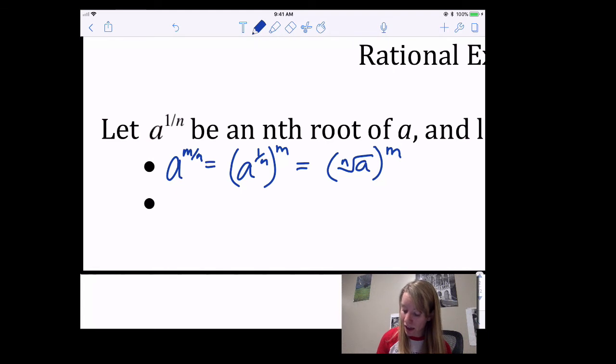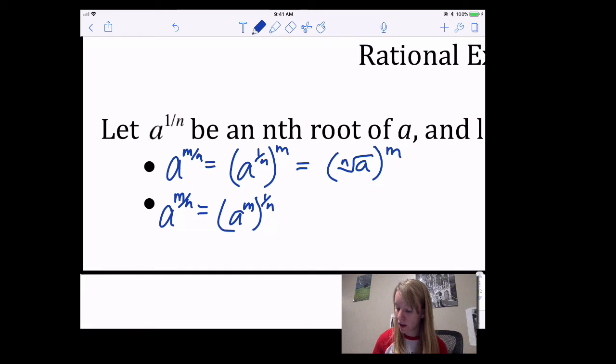I could say that a to the m over n is equal to a to the m raised to the 1 over nth power. Okay, so that means a to the m under the nth root. It does not matter to me which way you do it at all. Usually this top one will be easy for our simplifying. So I'll show you what I mean by that.